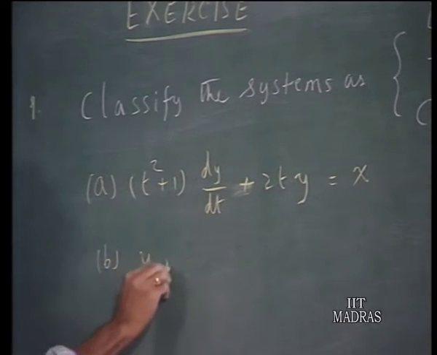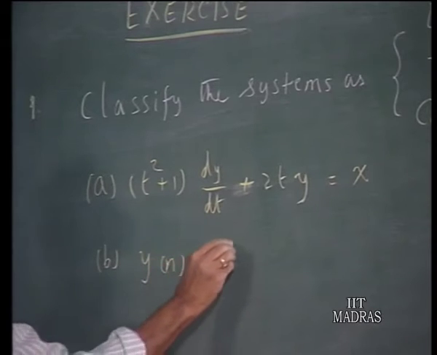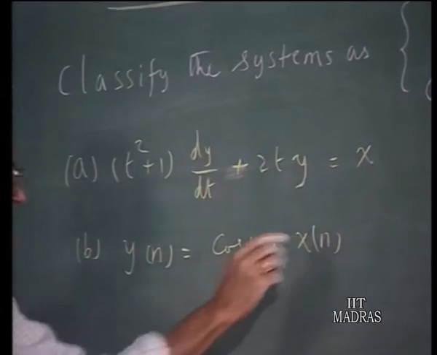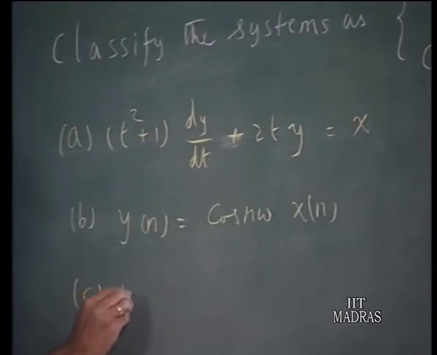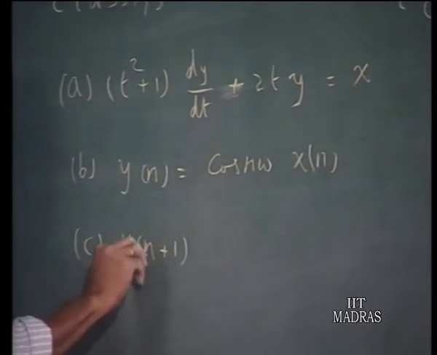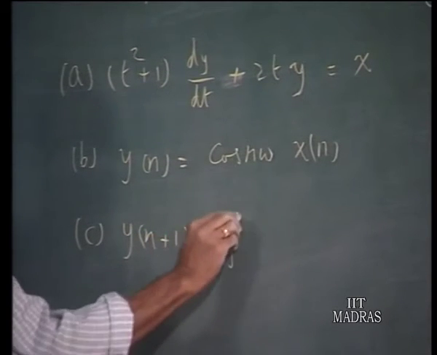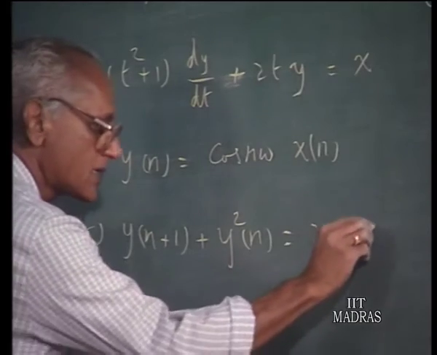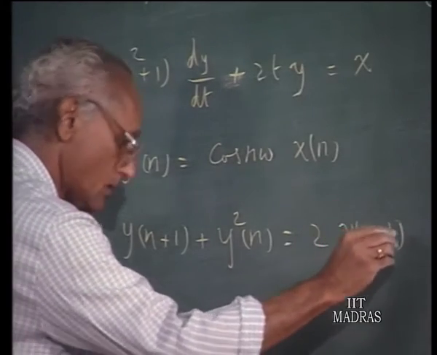B, y[n] equals cos n omega x[n]. C, y[n plus 1] plus y squared [n] equals 2x[n plus 1] minus x[n].